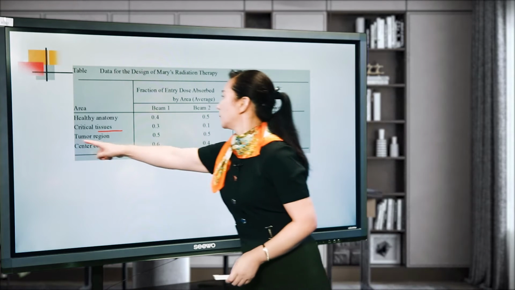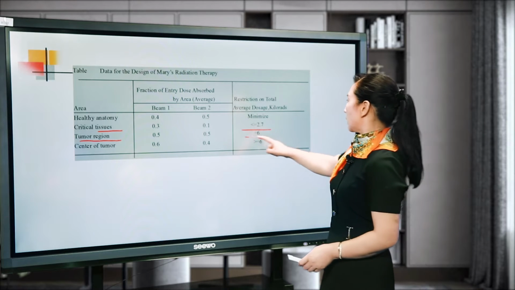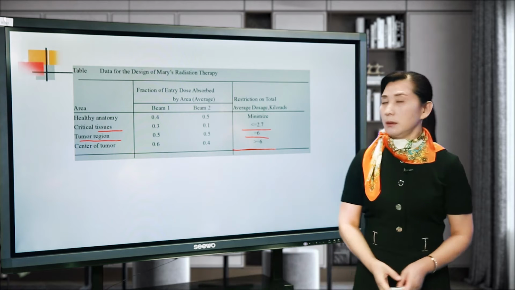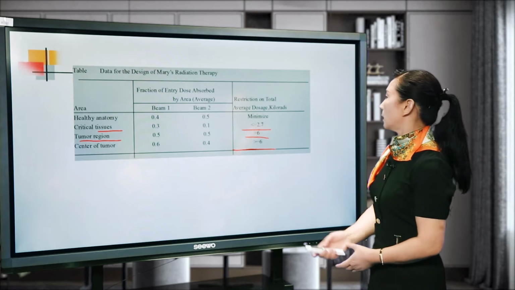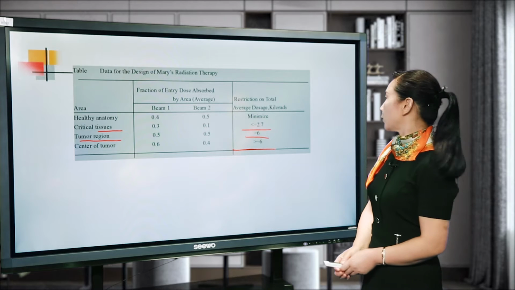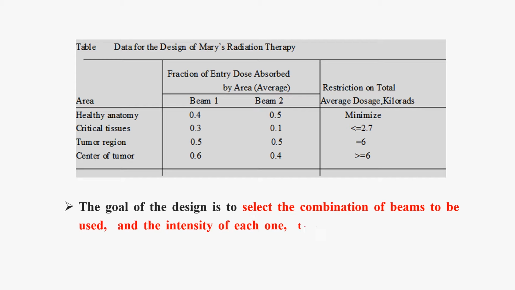The tumor region must equal 6, and the center of the tumor must be, as much as possible, killed, so it is greater than or equal to 6. The goal of the design is to select a combination of beams to use, and the intensity of each one, to generate the best possible dose distribution.